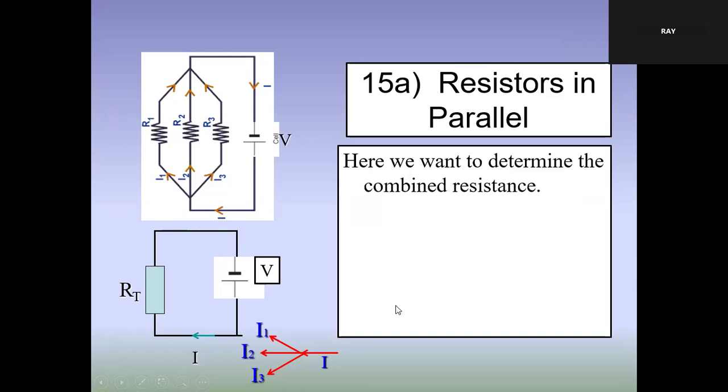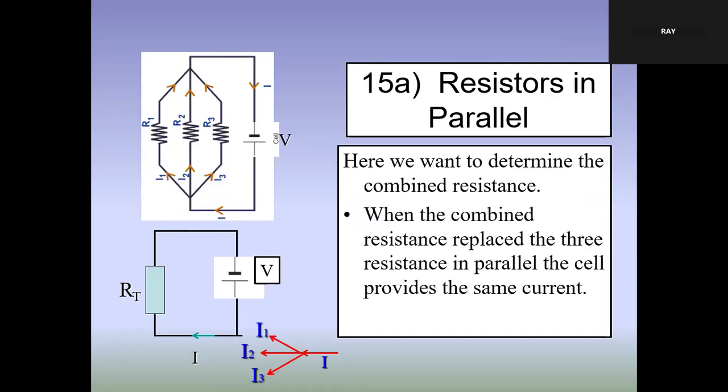Here we want to determine the combined resistance, and the combined resistance replaces the 3 resistors in parallel. The cell provides the same current. Same battery, same source of energy, same current flowing through, but replace it with a combined resistance. Replace 3 with 1.